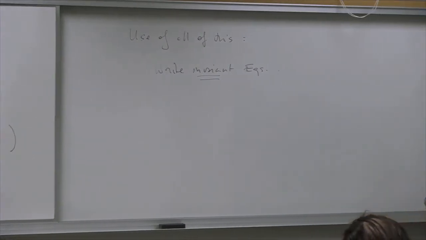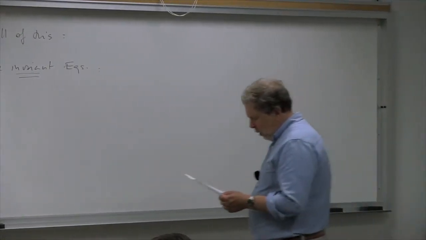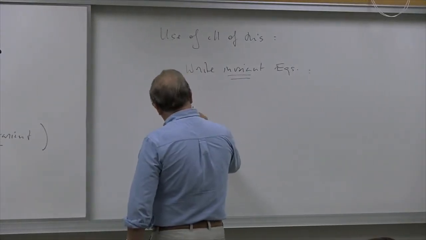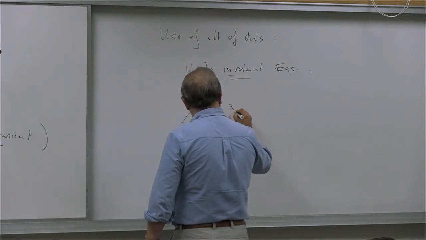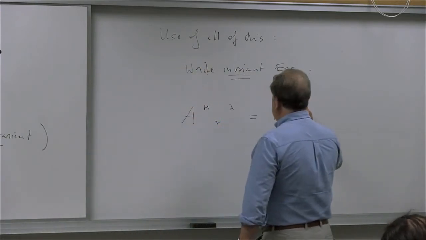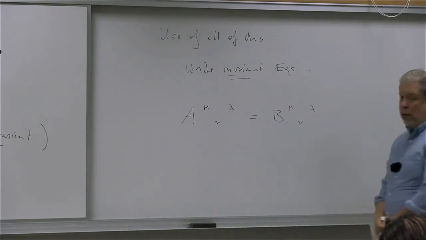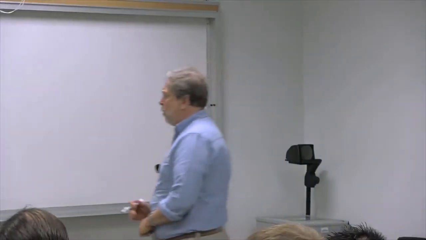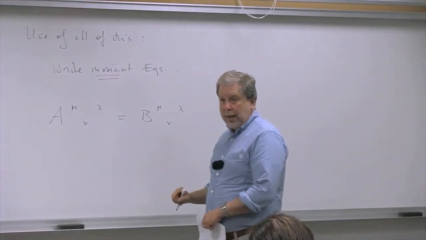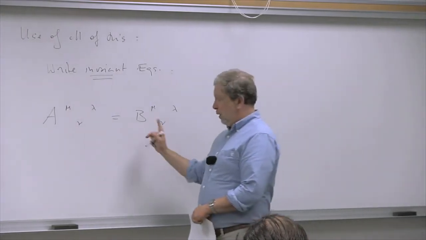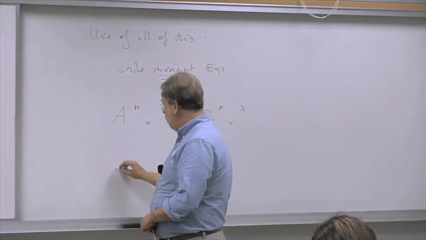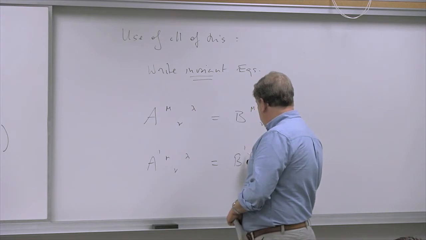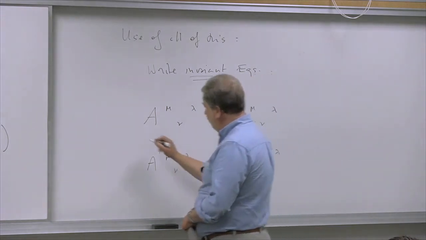And that is very important, because it means that if you can write that A mu nu lambda is equal to B mu nu lambda, so if you can write that some tensor that has a certain number of indices, in this case 2 upstairs and 1 downstairs, are actually equal, then by the transformation laws, which are the same for the left and right hand side, you will conclude that also A prime mu nu lambda is equal to B prime mu nu lambda.